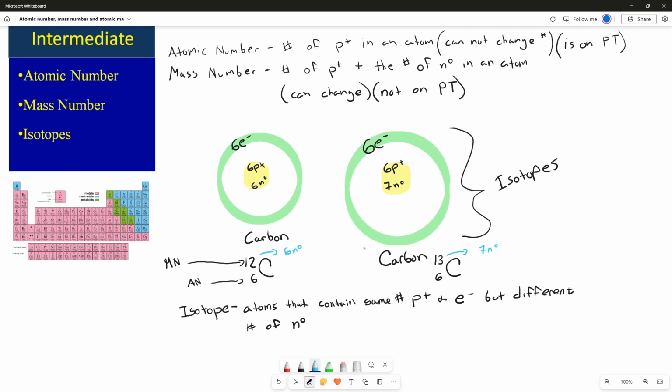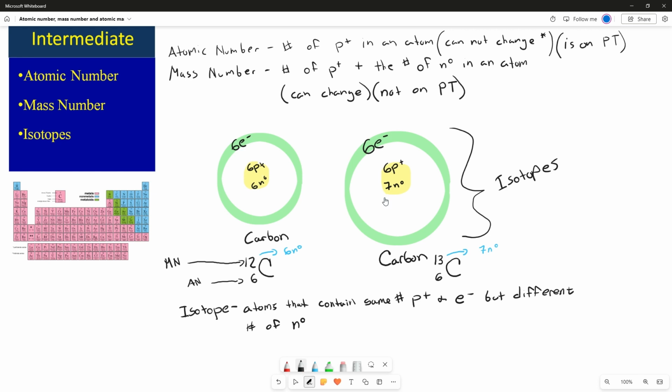If you take the mass number, this 13, and you subtract out how many protons it has, 6, you get how many neutrons that particular isotope of the atom has, which in this case is 7. So isotopes are basically two atoms of the same element, in this example, 2 carbon atoms, but their only difference is they have different numbers of neutrons in them.